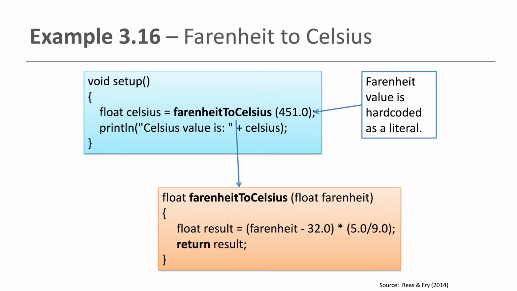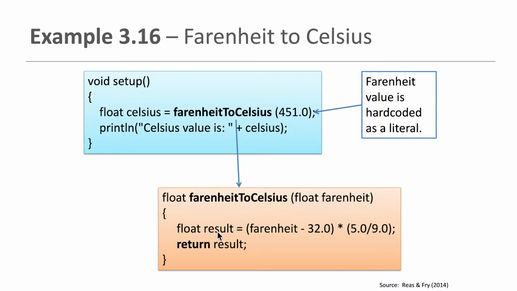All we've done is taken the traditional formula and written it as computer code. We've parameterized the value Fahrenheit, minus 32, put all of that in brackets, multiplied by, and then in brackets 5 divided by 9, or 5.0 divided by 9.0. So that's going to work out the result.